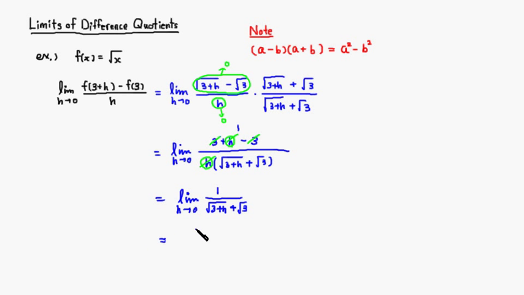You're going to get 1 over the square root of 3 plus h, which is 0, plus square root of 3, right, with 1 on top. This is basically square root of 3 plus another square root of 3, so there are 2 of them, 2 square root of 3 on the bottom. Right, so 1 over 2 square root of 3 is the limit of this difference quotient. Right, that's it. I hope that this was clear.